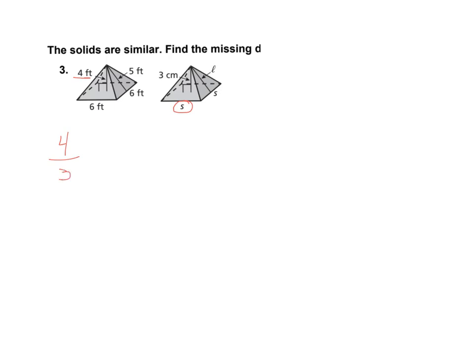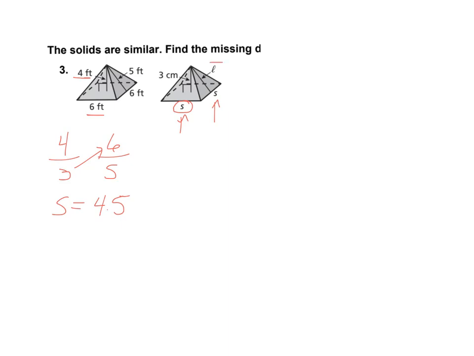And that means that 6 is in the same position and corresponds to S. So now I would go 3 times 6, which is 18, and then I would divide that by 4. That gives me that S is equal to 4.5. And so this one is 4.5, and this one is 4.5.